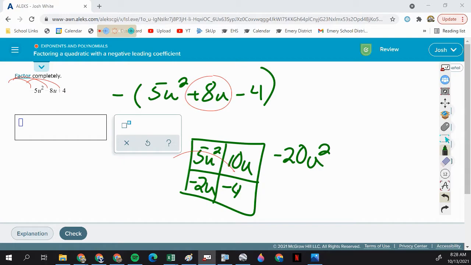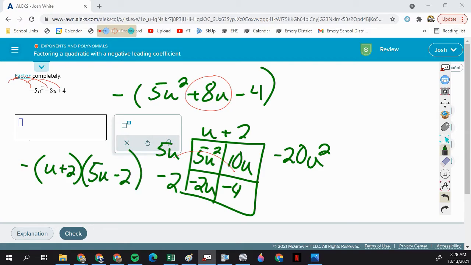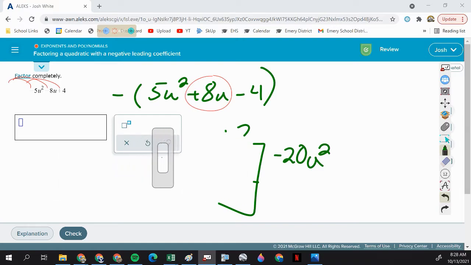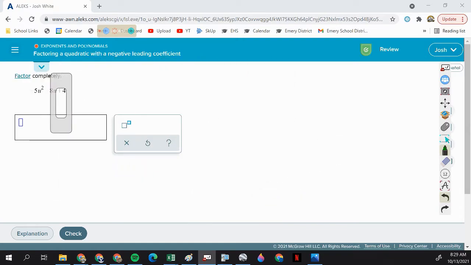Pull out a 5u, and I get u plus 2, and pull out a u. So my factors are u plus 2 and 5u minus 2 with a negative out front. Okay, should all be review. Everybody good so far? Okay.